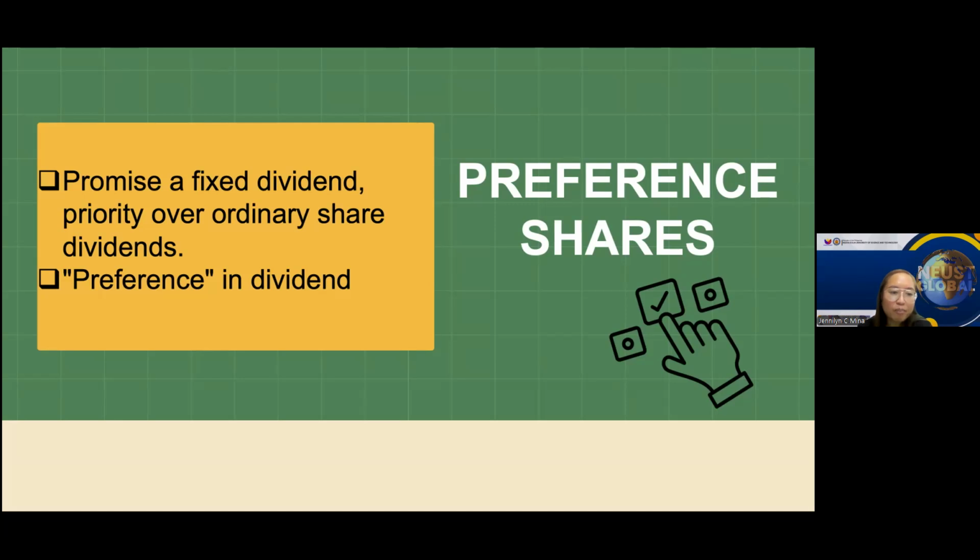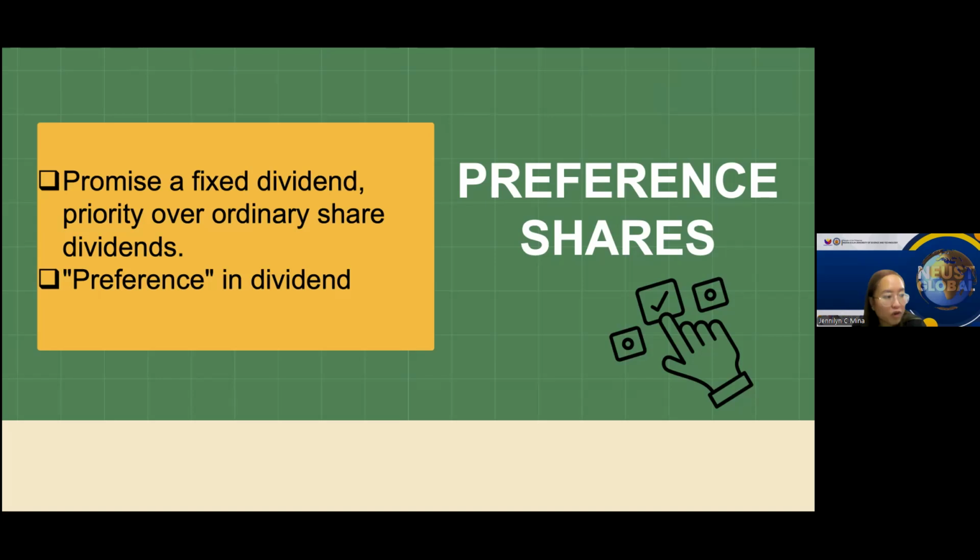So for the types of preferred or preference shares, we have cumulative versus non-cumulative. For cumulative, unpaid dividends carry over to future years. Non-cumulative: if a dividend is skipped, it is lost. Participating versus non-participating. Participating, you can share in extra company profit. But non-participating, you only receive the fixed dividend.